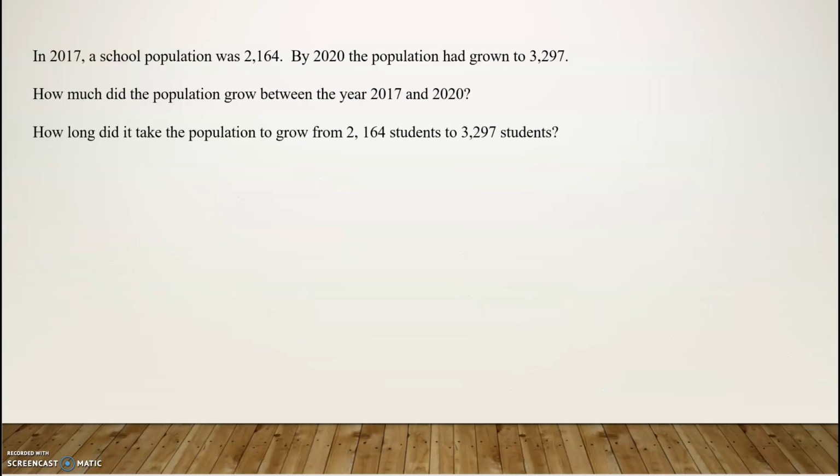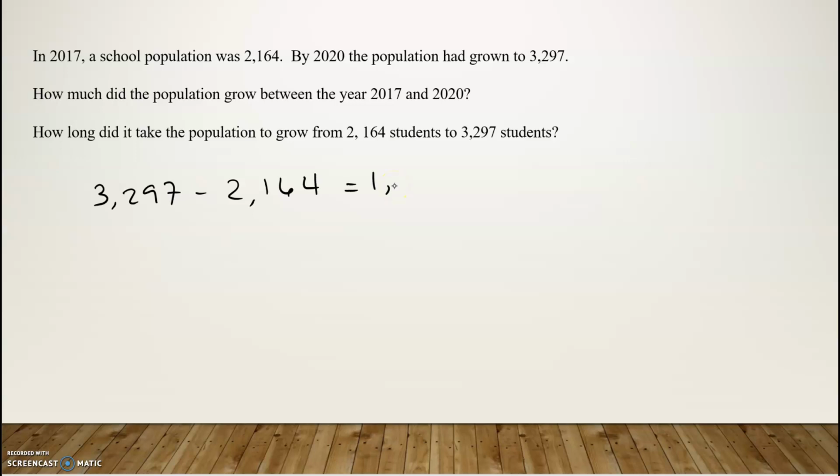In 2017, the school population was 2,164. By 2020, the population had grown to 3,297. How much did the population grow between the year 2017 and 2020? Okay, so we would take 3,297 minus 2,164.